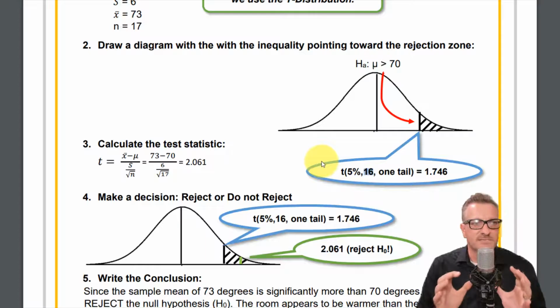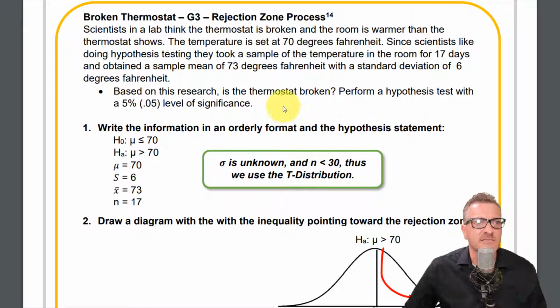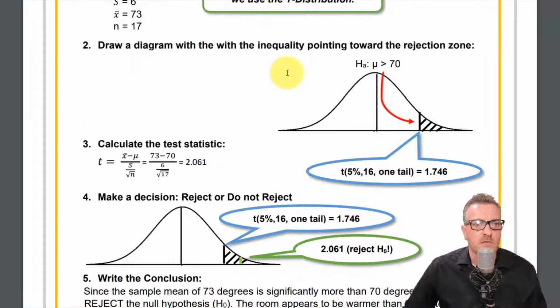So it's always that way until I tell you otherwise. So our degrees of freedom is 16. And then it's a one-tail test because we're looking for warmer. We know it might be broken, but everything points towards warmer. So that's how that's set up.